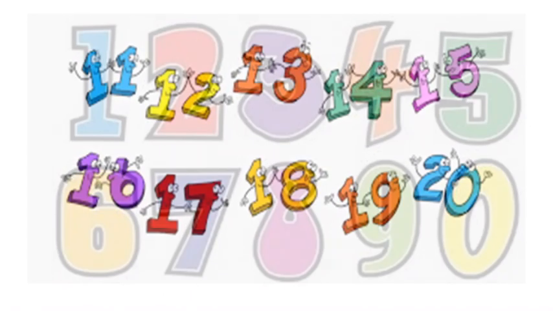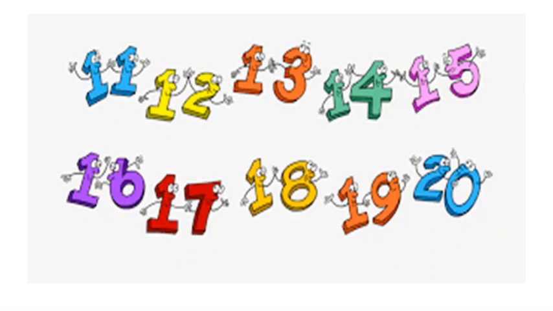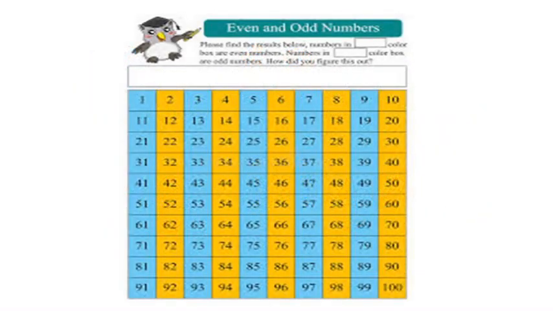T is to be aspirated. 11, 12, 13, 14, 15, 16, 17, 18, 19, and a 20, where the first is aspirated. After 20, it could be 30, 40, 50, 60, 70, 80, 90, and 100.